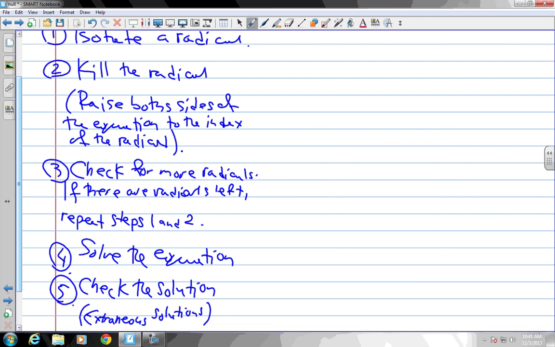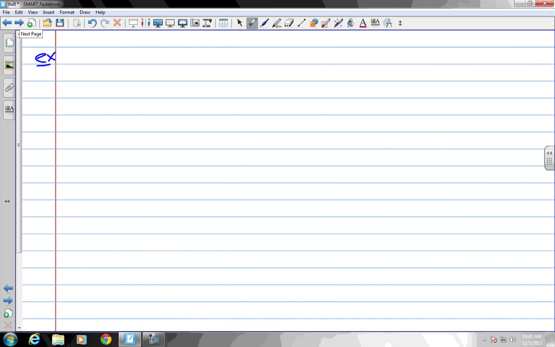And I'm going to do a few examples to show you how that works. Okay? All right. So here's an example, an equation that involves a square root. Square root of 2x plus 3 equals 2.